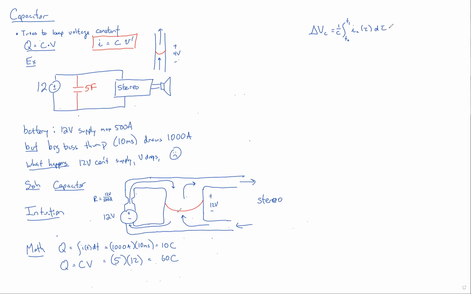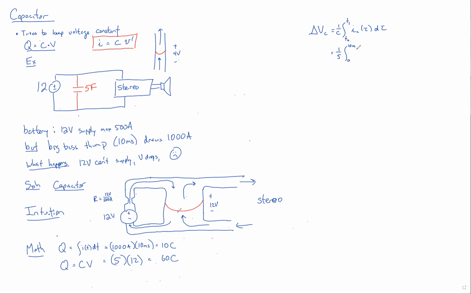So if we want to find out how much the capacitor's voltage will drop in that 10 millisecond beat, you can say, well, it's 1/5 of a farad. We're going to integrate that between 0 and 10 milliseconds.